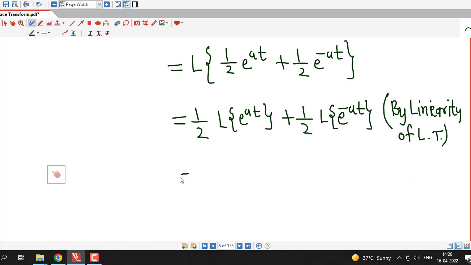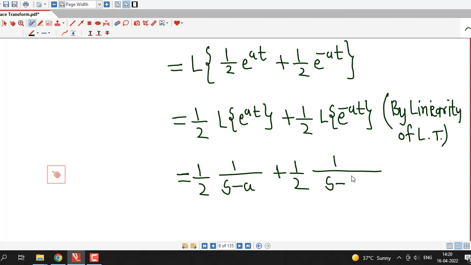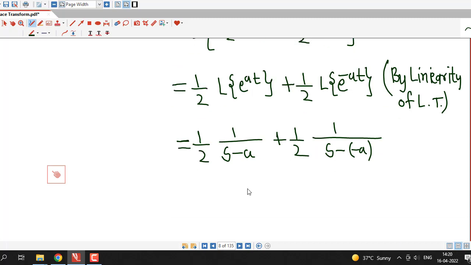And we know that Laplace transform of e raised to at is given by 1 divided by s minus a, and Laplace transform of e raised to minus at is 1 divided by s plus a. So we are using that formula of Laplace transform of e raised to at, which is 1 divided by s minus coefficient of t.